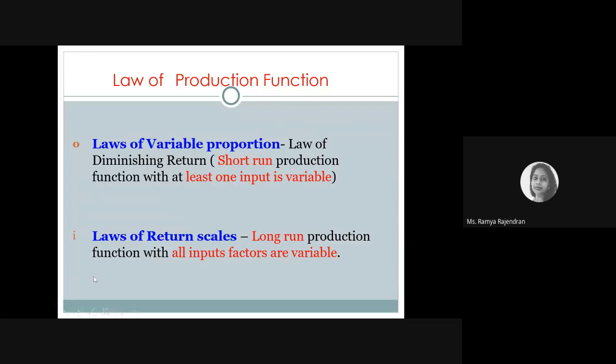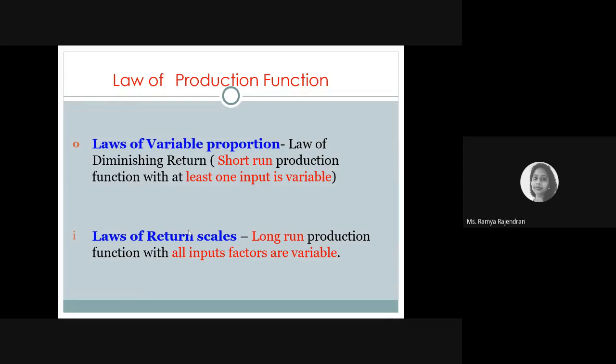So this is actually called the law of diminishing return. Okay, so we'll see the explanation later. In the law of returns to scale, we will be discussing what happens in the long run production function. Here all the input factors are variable. So over a period of time, what if I'm going to expand my factory? Which means I have to have my investments also variable, right?